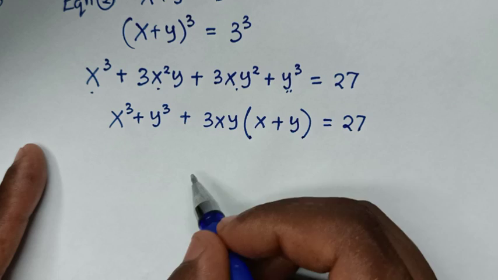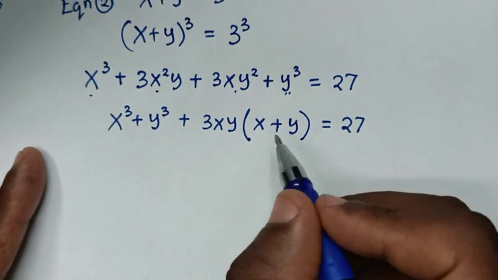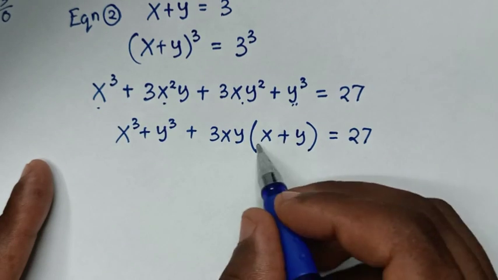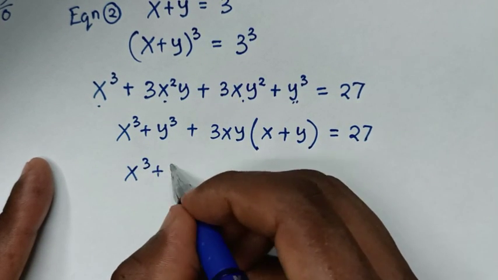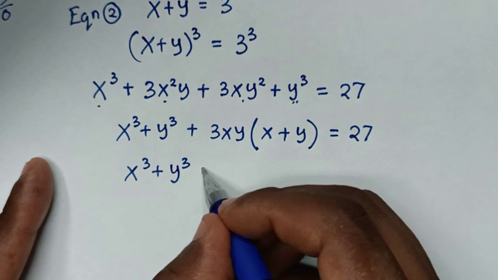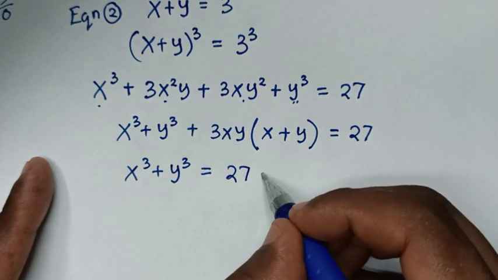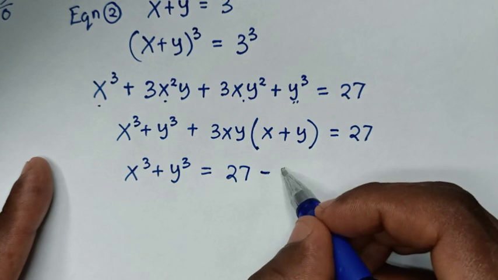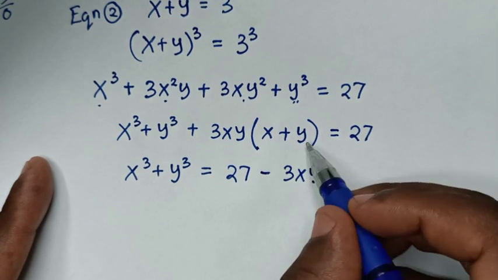Then from here we will substitute the value of x plus y. The value of x plus y is 3. So here, x power 3 plus y power 3 is equal to, taking this to the other side, 27 minus 3xy times (x plus y), which is 3.